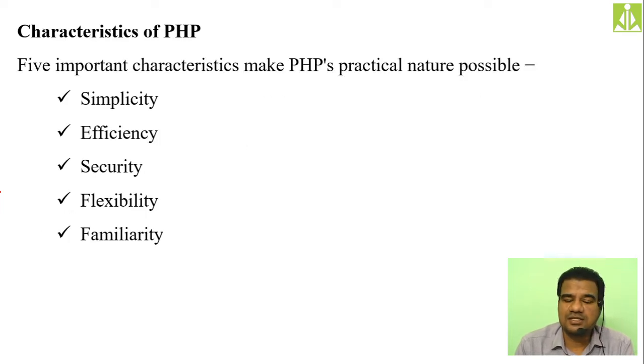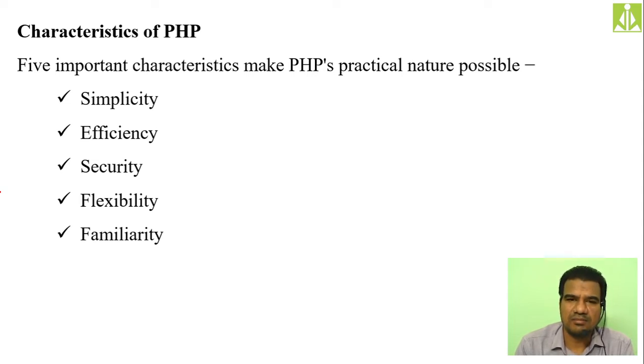And if you see the characteristics, or the properties, of PHP, we have 5 important characteristics. Because of these 5 characteristics only, PHP becomes practical. The very first is simplicity. Simplicity in the sense of learning, practicing and coding this PHP programming language.